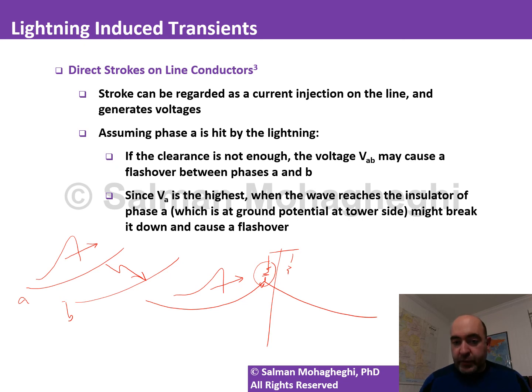So it might cause a flashover leading to a single line-to-ground fault. So these are the different possibilities when lightning directly strikes a phase conductor.